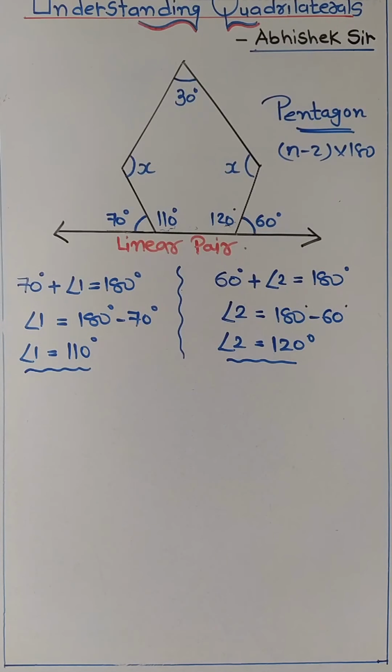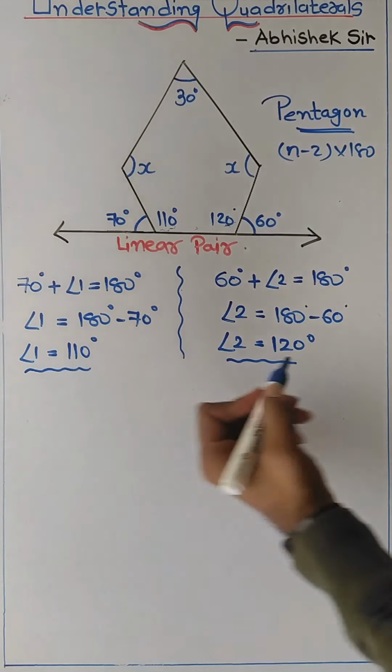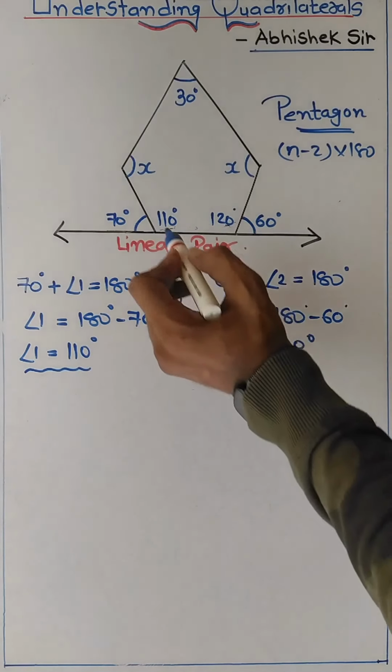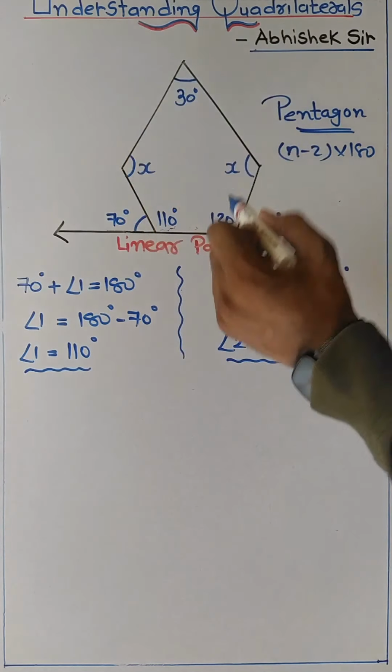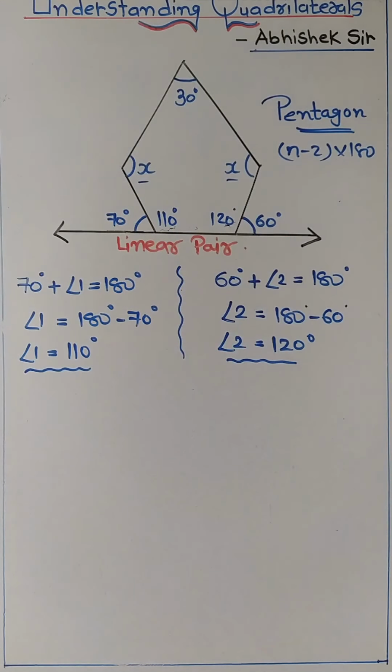So after finding angle 1 and 2, that is 110 and 120, I have put them in their place. So now we have a pentagon in which 3 angles are given and 2 angles are unknown. So now let us use this property and find out what x is, right?